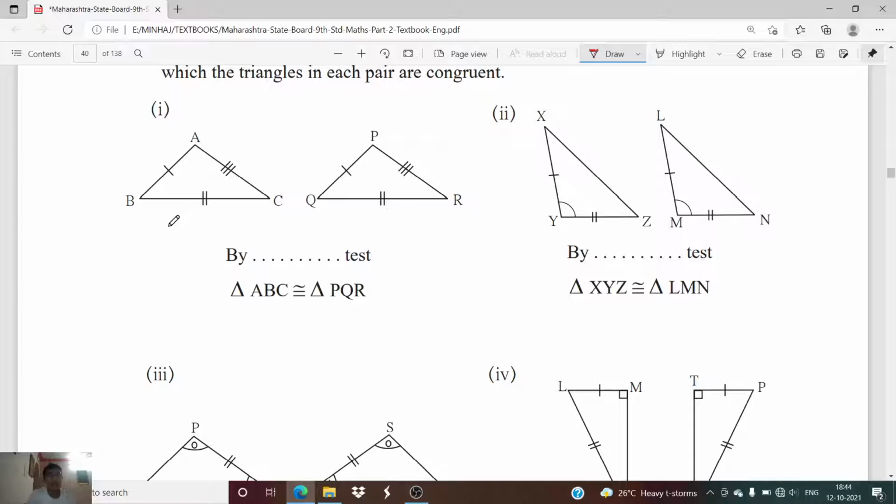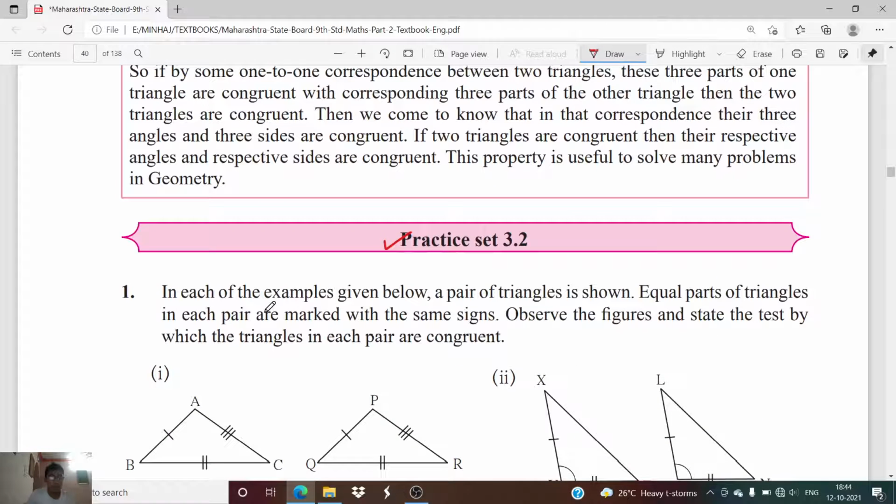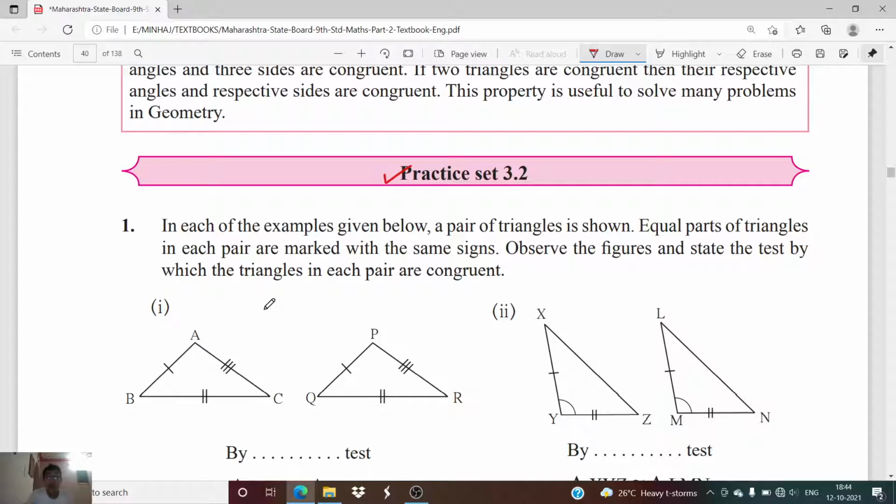That means in the first sub question you will see there is a triangle ABC and triangle PQR. Both the triangles are congruent, and so on for all the other sub questions. Now we have to note down the test by which the given pair of triangles are congruent to each other.